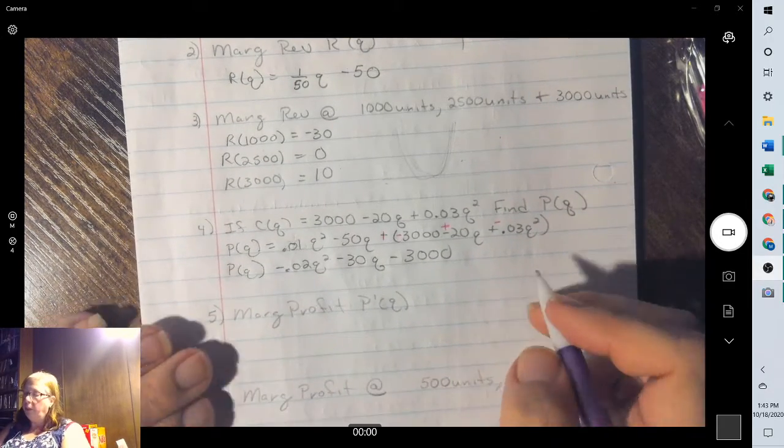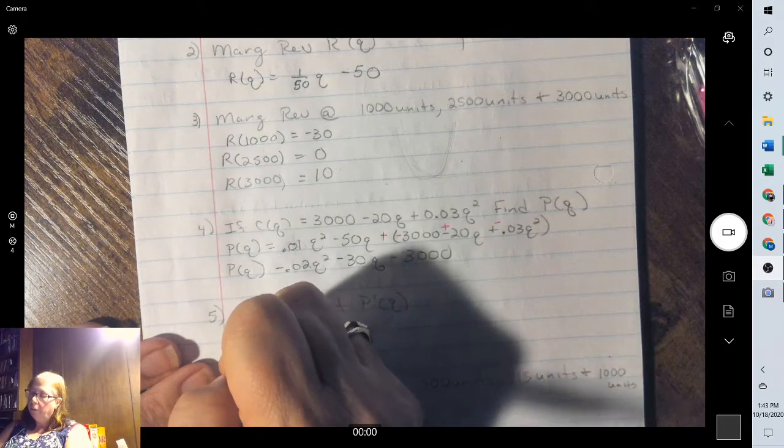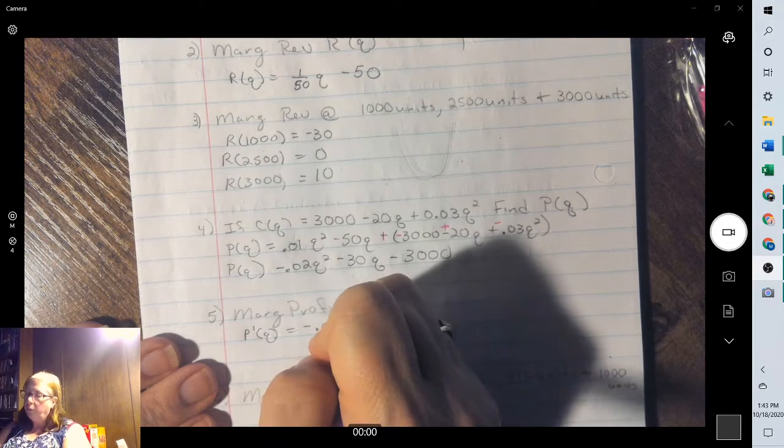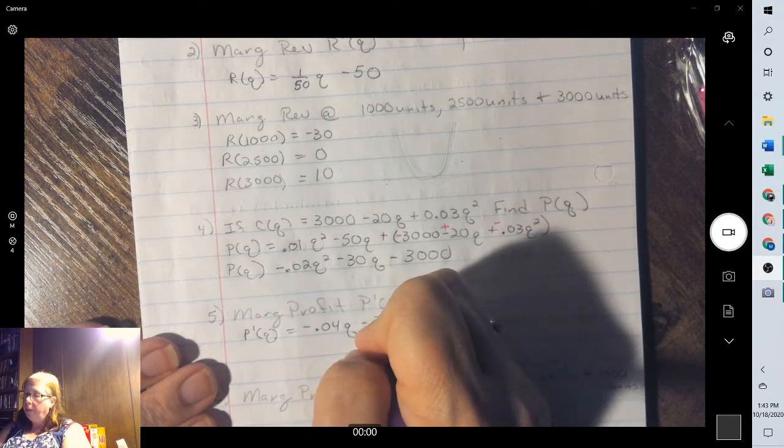Marginal profit, you take the derivative. When we take the derivative, we get a negative 0.04Q minus 30.